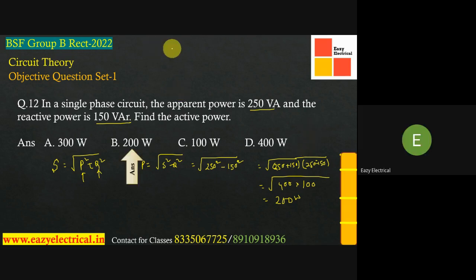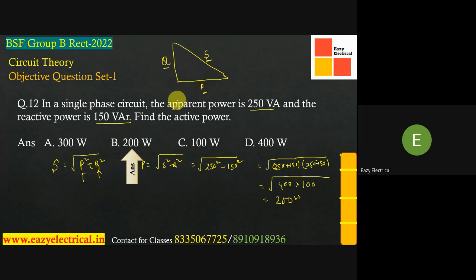So if you consider the power triangle, in the power triangle, this base quantity represents your P. This perpendicular is represented by Q, and the hypotenuse is represented by S, right?